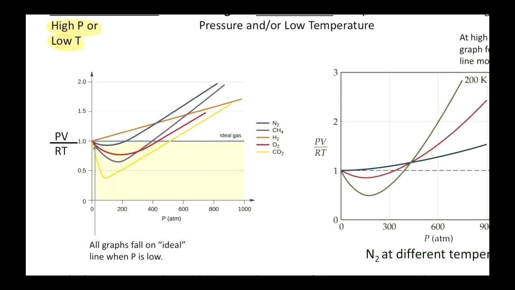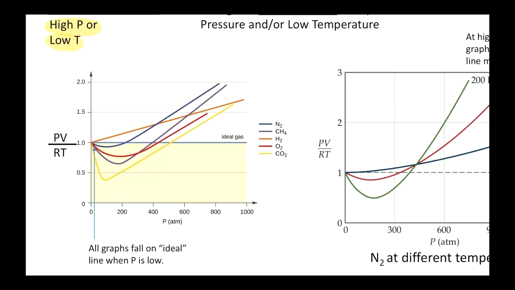All right, so if we look at this graph, here we have a whole bunch of gases, and right here, where I've dotted it blue or green, this is low pressure. At this pressure, a gas will fall really closely in line with the ideal gas law when we're at very, very low conditions.